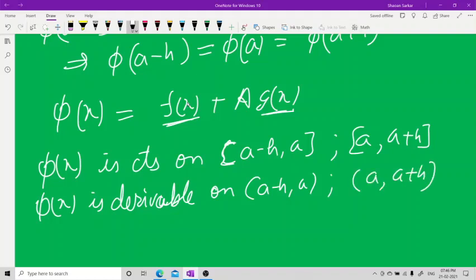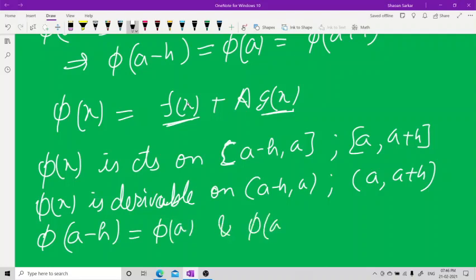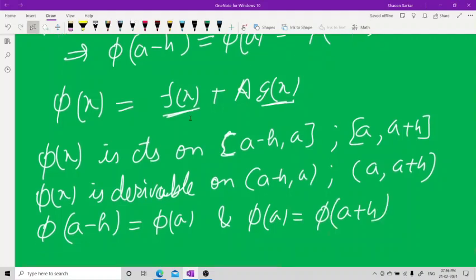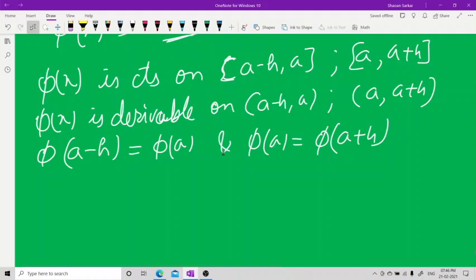Now phi(a minus h) is equal to phi(a), and phi(a) is equal to phi(a plus h). So Rolle's theorem is valid in both the intervals. So apply Rolle's in both the intervals. So there is a t1.